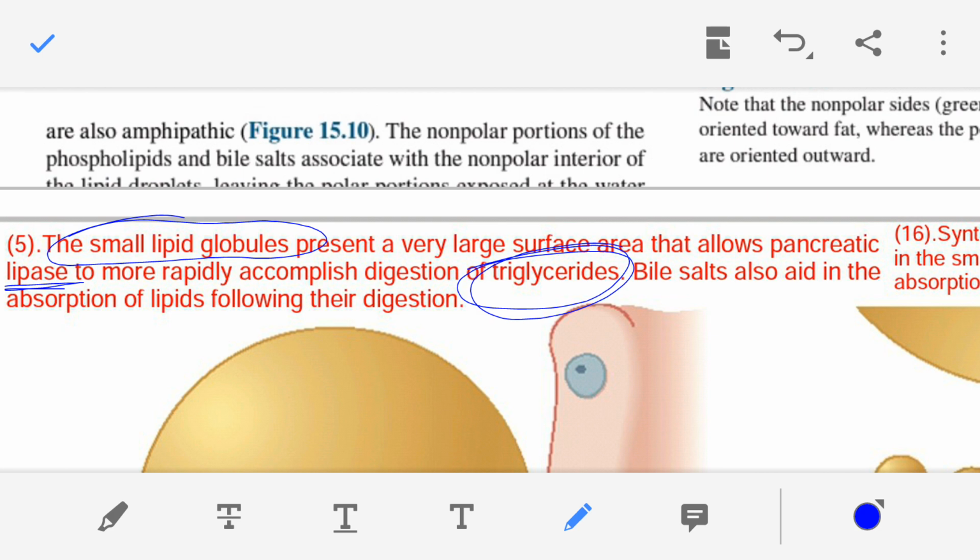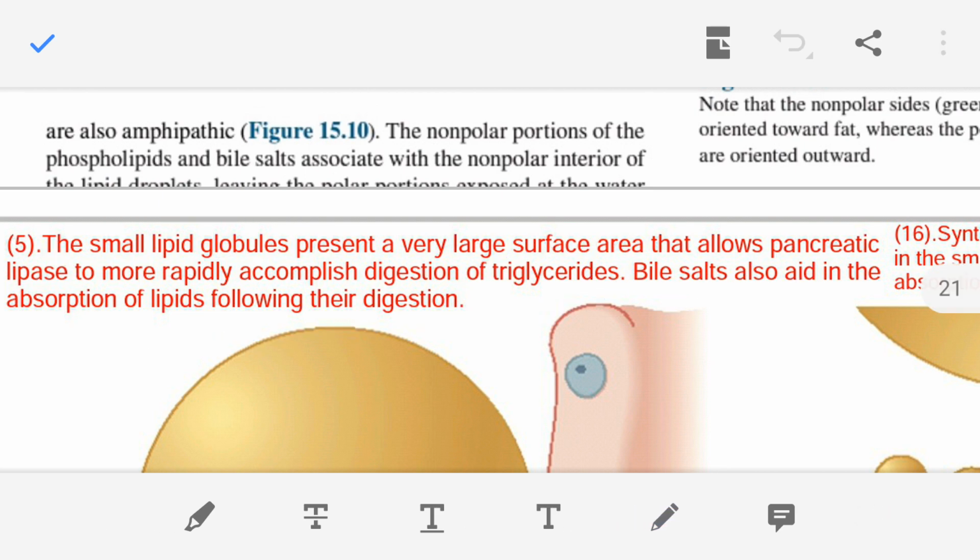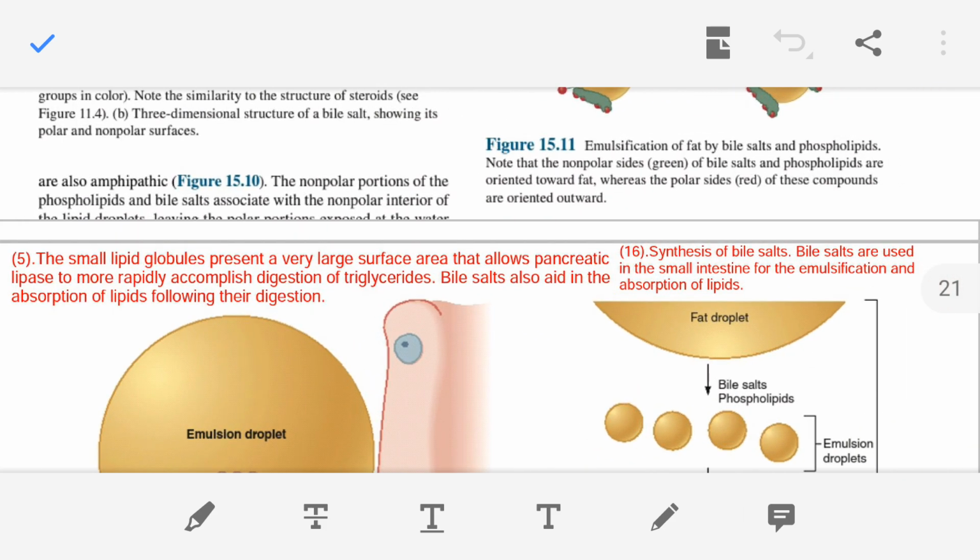Once these triglycerides are digested, these bile salts are also helpful in the process of their absorption following digestion. So once the digestion of lipid is completed, bile salts are also helpful in the absorption process. They play a very vital, important role in the absorption of fat.